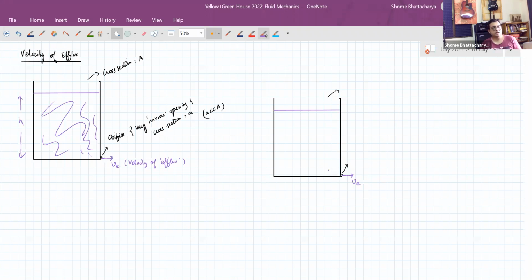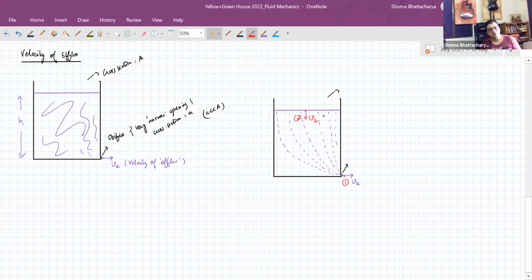Because of the effect of gravity and the pressure difference created by it, the liquid tends to flow in streamlines, which are like this. You can see that there is a very high concentration of streamlines because the orifice is very small in area compared to the tank. So now if we take the point just outside the orifice as point 1 and we take the point just at the surface as point 2.